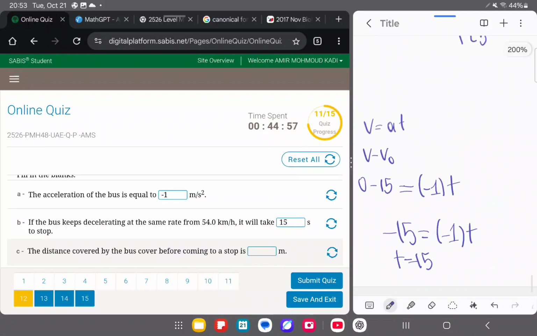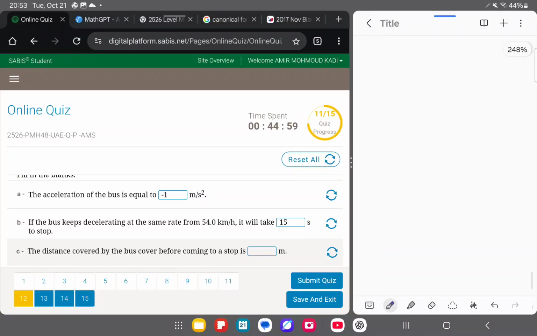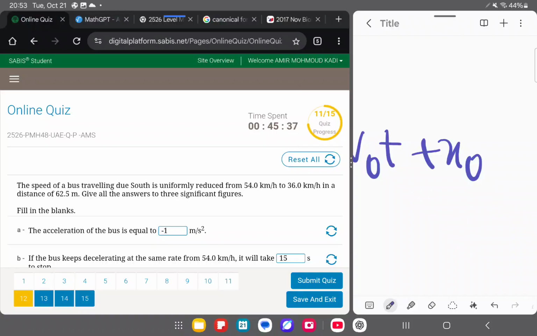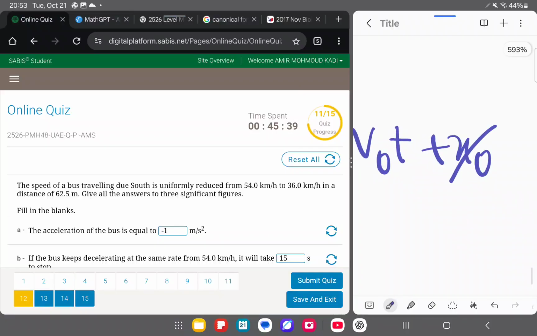Okay, the distance covered by the bus before coming to a stop is, well, to find the distance covered, I'm pretty sure we use the normal formula here. Now we can use this formula finally: x equals half at squared plus v0t plus x0. There's no x0, they didn't state it, so we'll just neglect that.